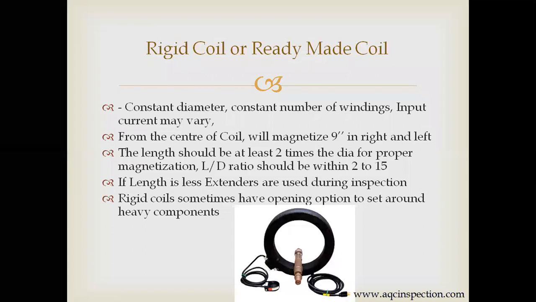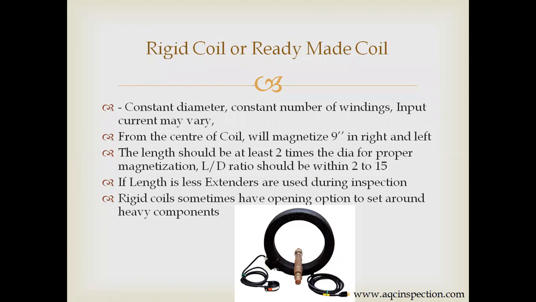Remember, the inspection will magnetize a total length of 9 inches from the center of the coil, and it is applicable to lengthy components. The length should be 2 times the diameter for proper magnetization. If the length of the component is less, extenders can be used.